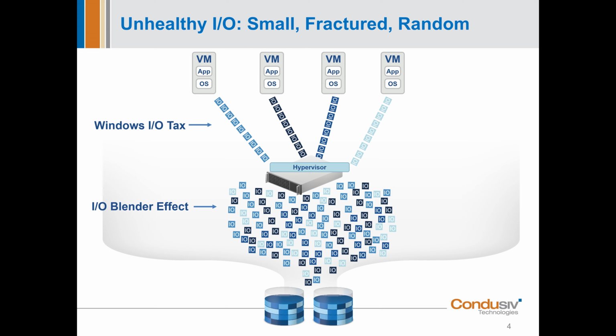So what comes out between the physical host hypervisor and the disk storage controller is now a chaotic mess of small, fractured, and now very randomized I/O streams that by the time they hit the storage controller, really couldn't be less storage friendly. It means that the storage controller is only receiving data in very small packets at a time, so it now only has the opportunity to create very small stripes across its media, and that means many more storage level operations than if the data hadn't been split as it was being written all the way up at that NTFS layer.